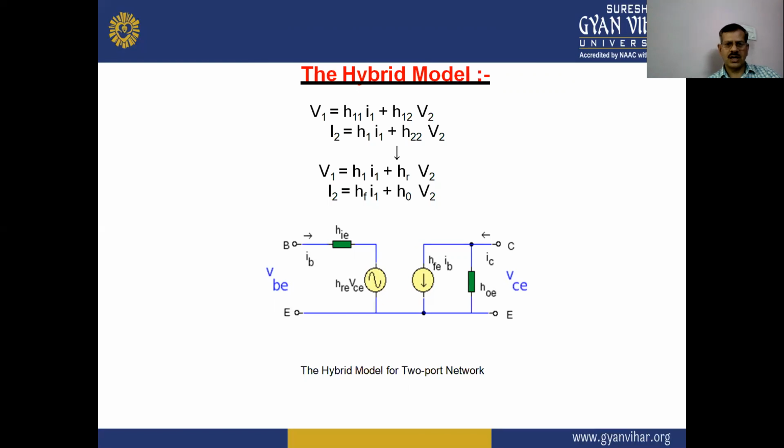So these are the two hybrid equations for the two-port network. That is the two-port network hybrid model of the transistor.